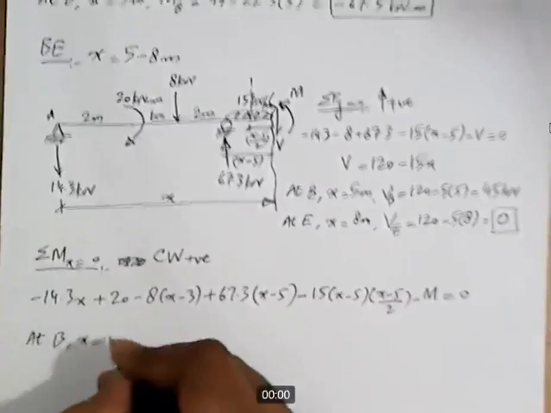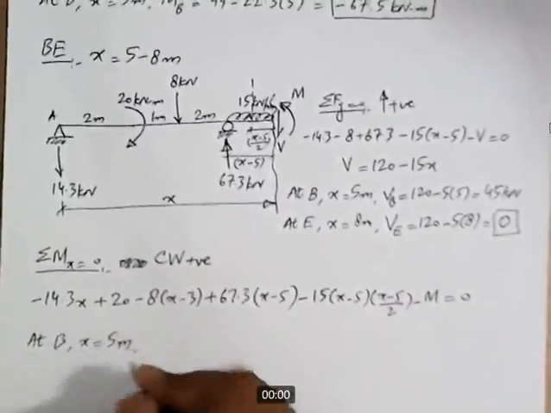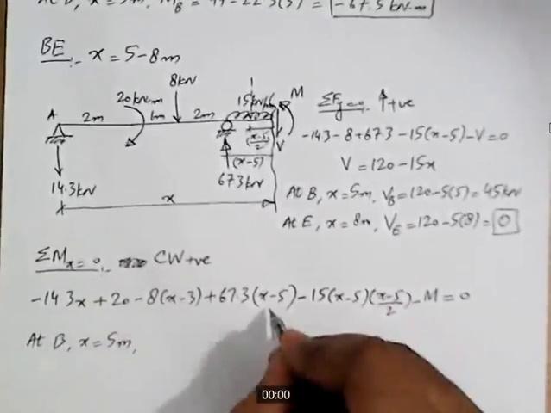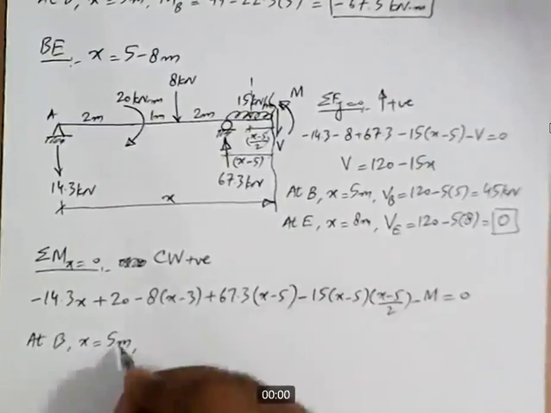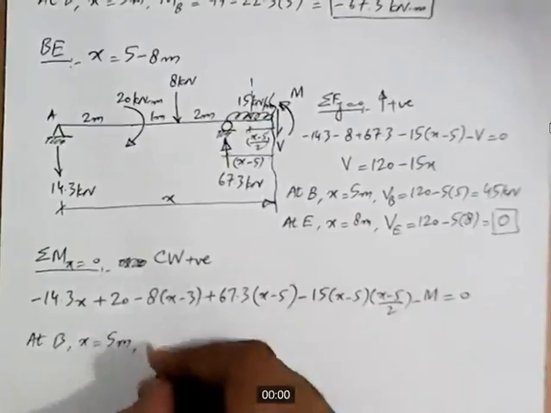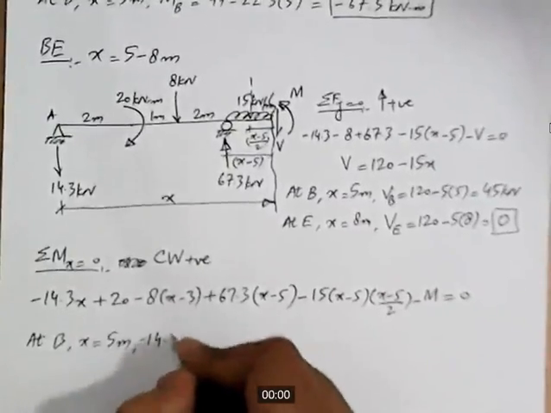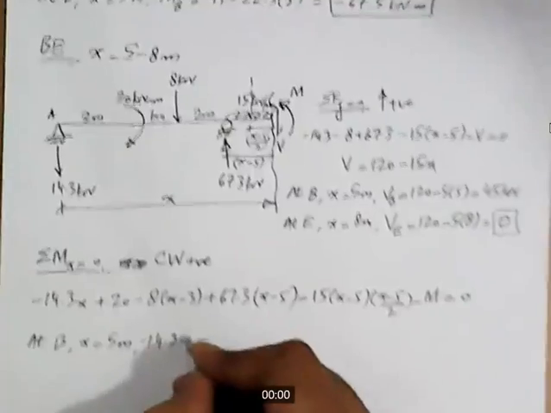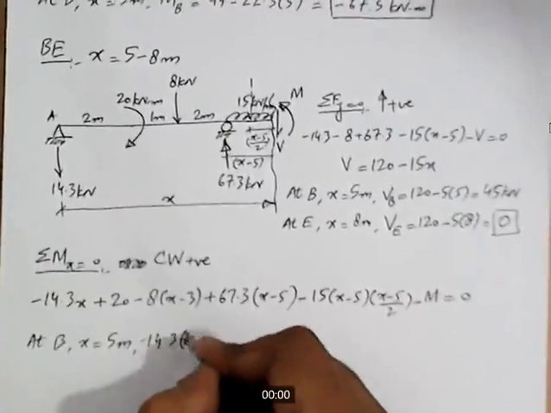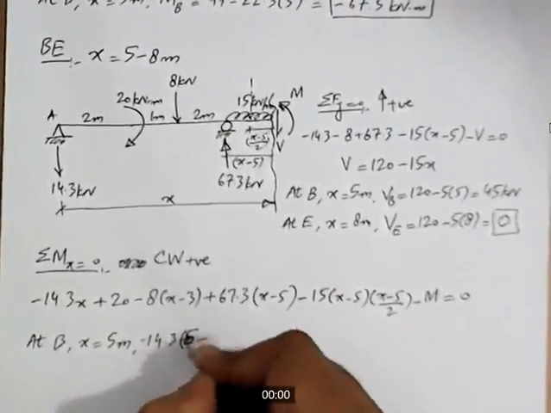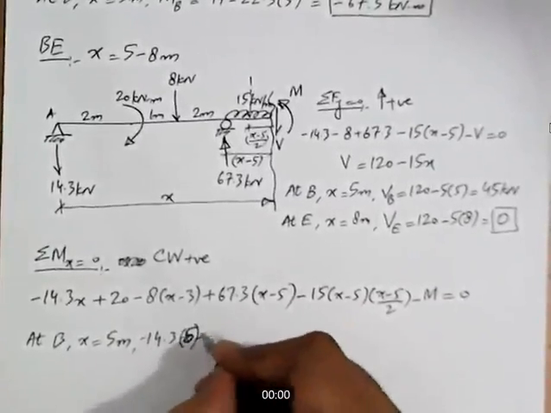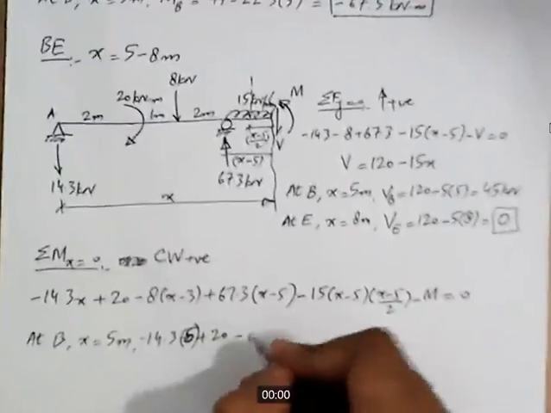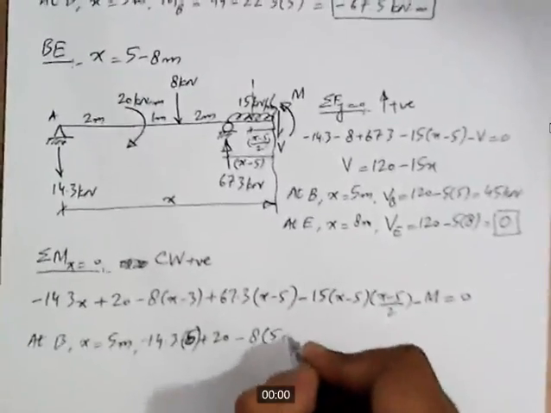x is equal to 5 meters. So all the terms in which we have x minus 5 will become 0 when we put x equal to 5. So minus 14.3 into x, x is 5, plus 20 minus 8 into 5 minus 3.